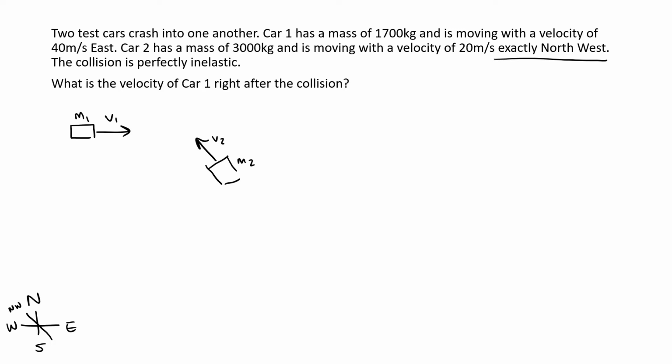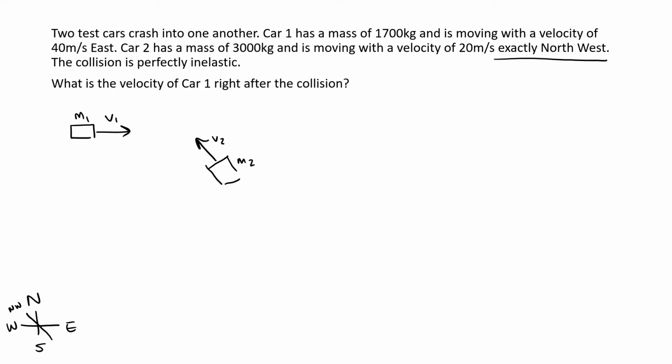The type of collision they have is perfectly inelastic. So that means they stick together and become one big smashed car after this collision. By the way, 40 meters per second, that's about 100 miles an hour.